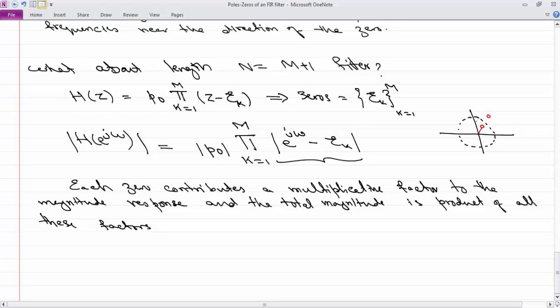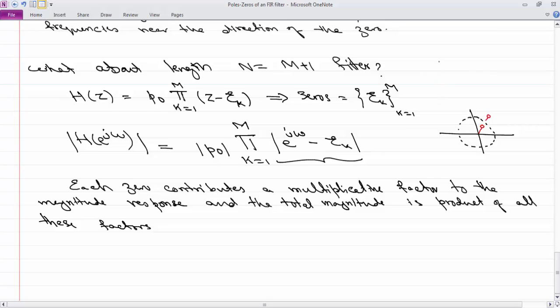What is that zero doing? Well, that zero is contributing another factor, and if it is very close to 0, then the factor is really small. So effectively, by placing two zeros in the same direction, I get to pull the magnitude even further. Right?